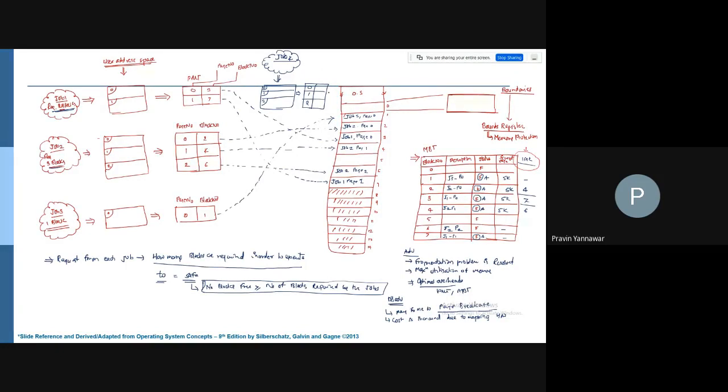So what is your opinion? You can say that your page number 0 is, for example, main, your page number 1 is function A, and function B is your page number 2.